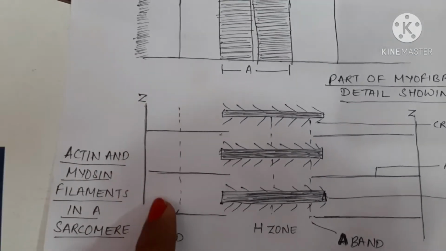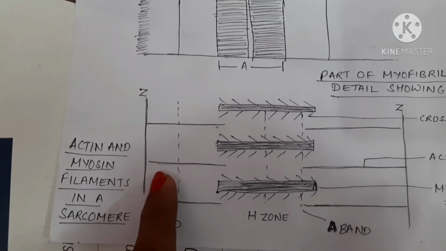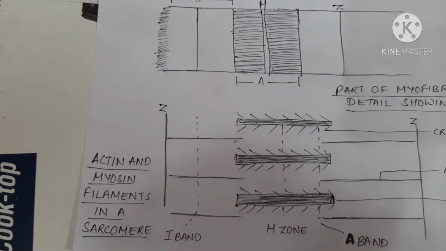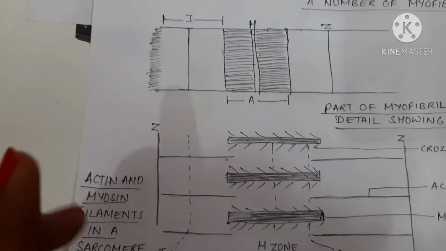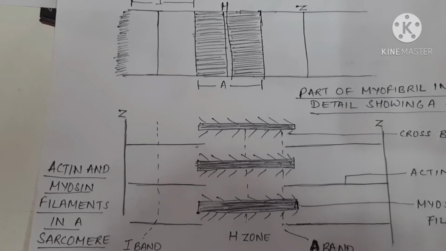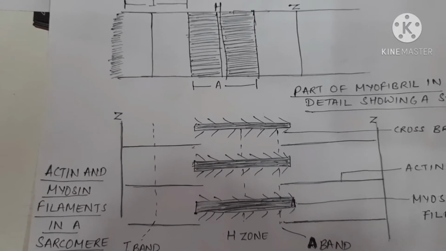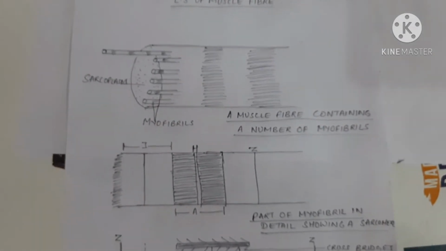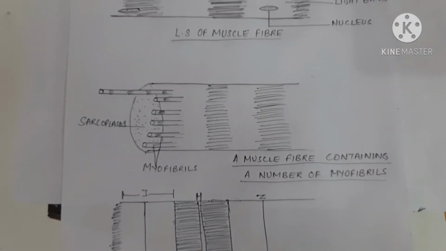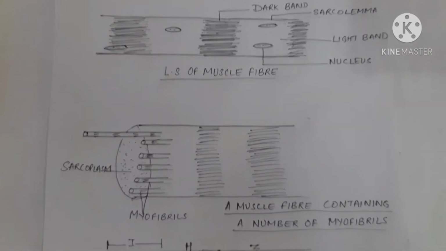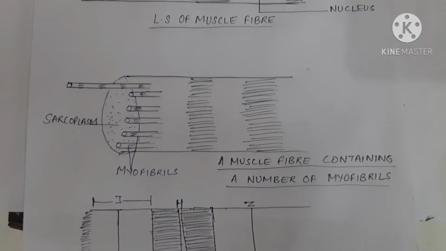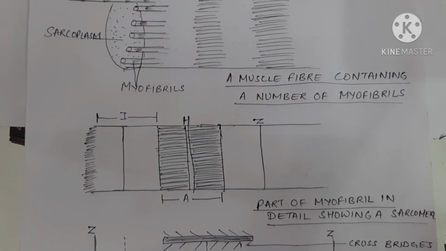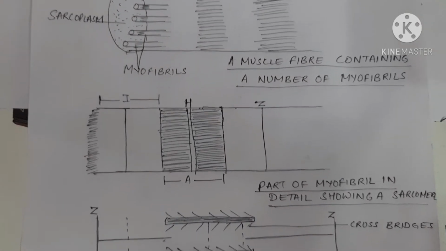The I band has a strong darker line, and these two ends are the Z lines representing a sarcomere. So this is the complete structure. As you can see here, we started with the LS of a muscle fiber, then a muscle fiber containing myofibrils, then part of a myofibril in detail showing the sarcomere.